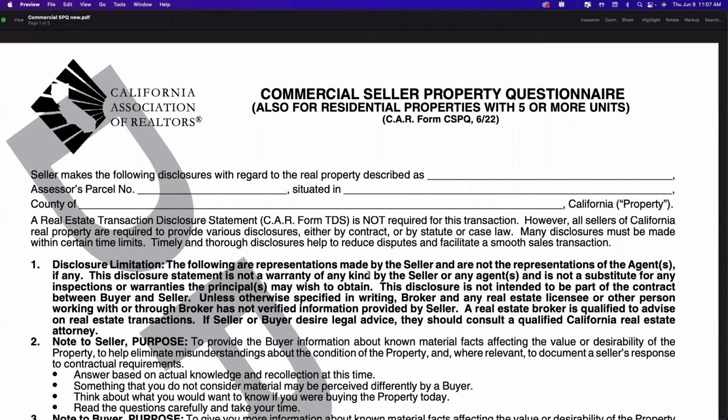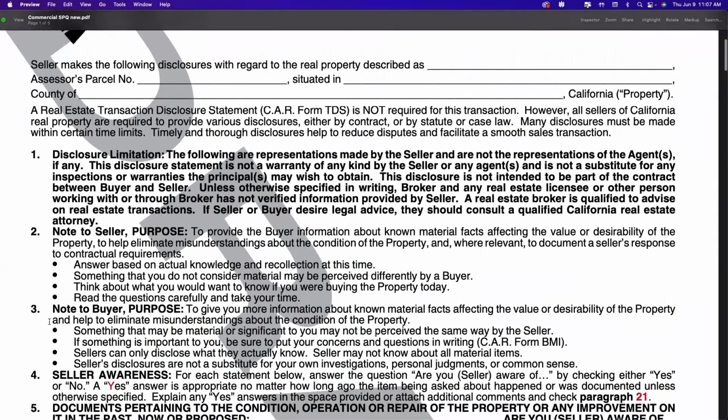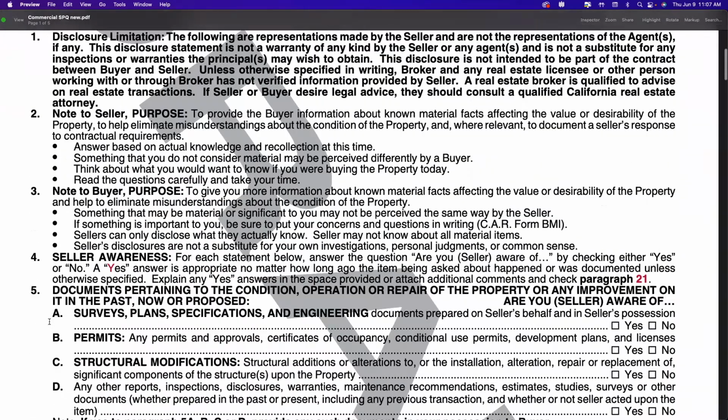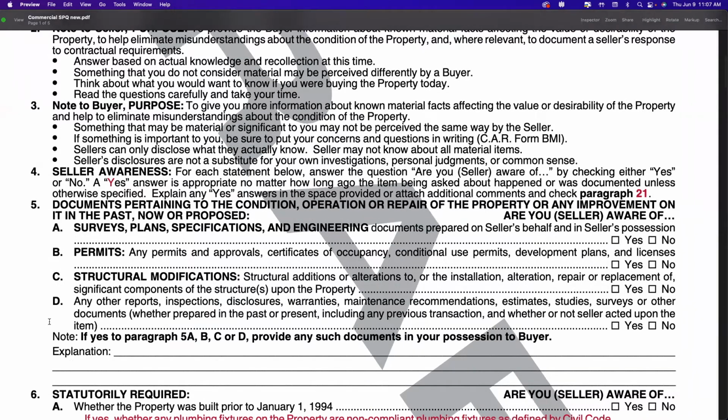So what CAR created here is a seller's property questionnaire, very similar to the seller's property questionnaire that we do for our residential sales, but it's about the commercial property. It's just as we would do with a residential one. Are you, the seller, aware of? Yes or no, right? That's the awareness level.